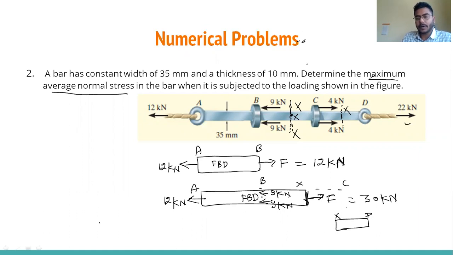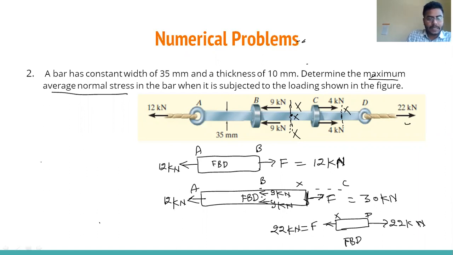X is a point in between D and C. So here one force is acting. I'm drawing the free body diagram. So this is 22 kilonewton, and assume some force is acting like this, F. From the equilibrium condition, we can write 22 kilonewton.